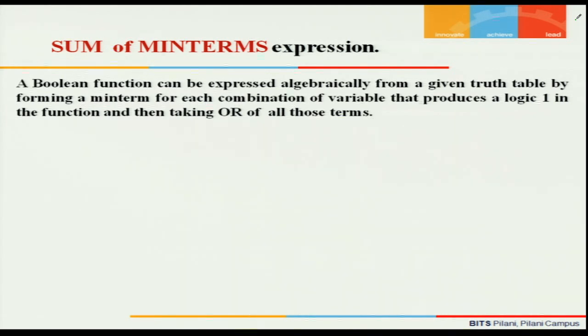Pick those min terms where the outputs are 1 and write the sum of those min terms. The sum represents an OR function. So, write the sum of those min terms as an expression for the given circuit. So, let us look at an example.